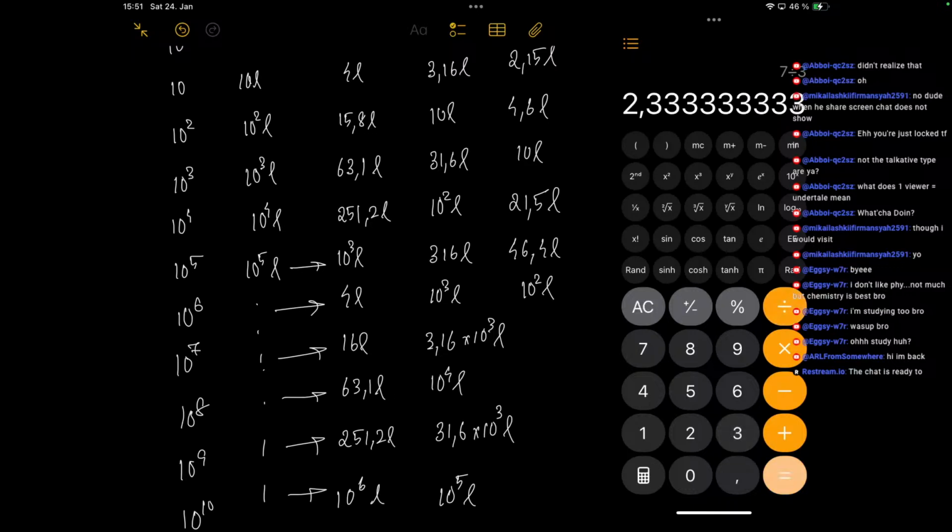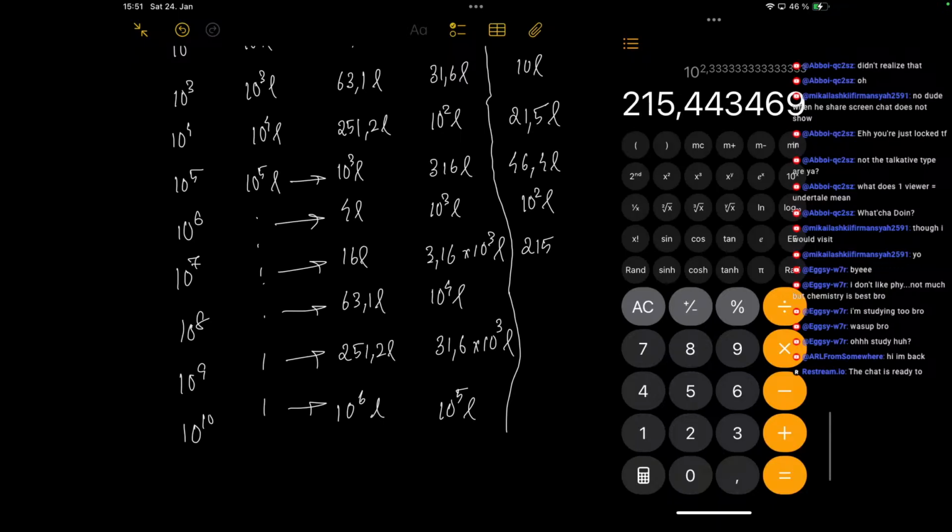7 divided by 3. 2, 1, 2 and 5. Come on. Four. 0.6. 10 raised to 3L.